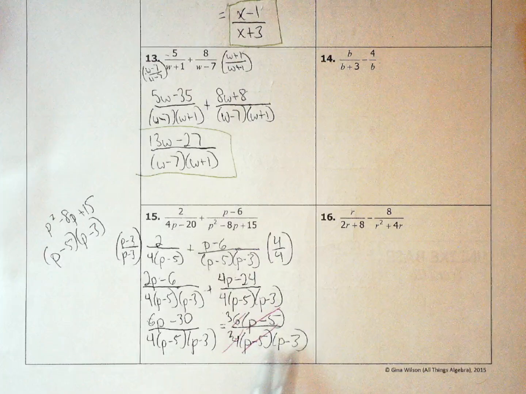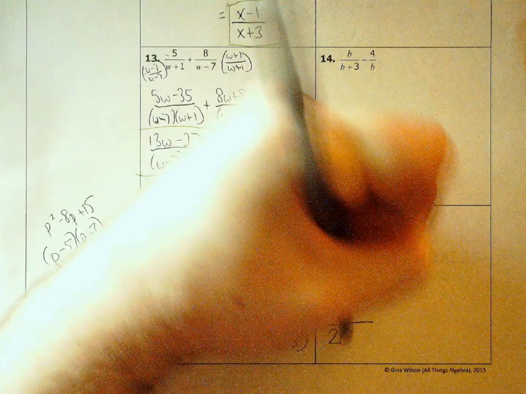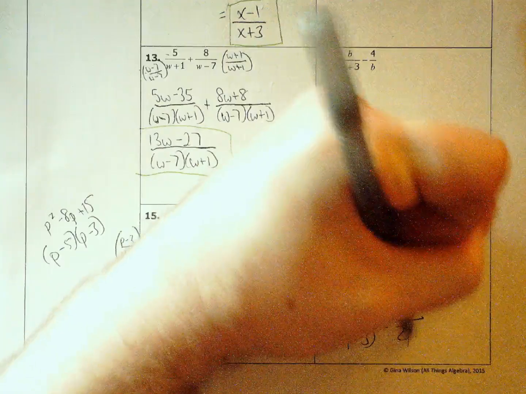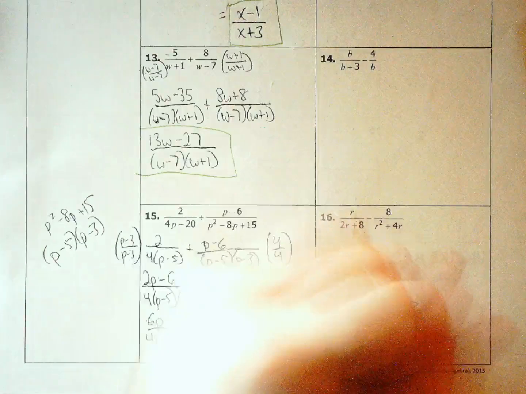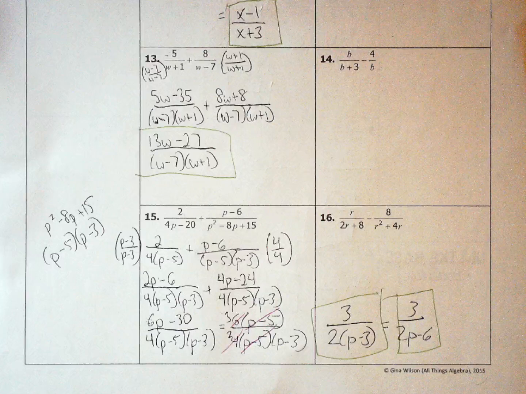So I have 3 over 2 times p minus 3. So my final answer, which I'll write over here, is 3 over 2 times p minus 3. And if you distribute that to 3 over 2p minus 6, I don't really care. I'm fine with either of these as answers. I'm not super picky about things like that.